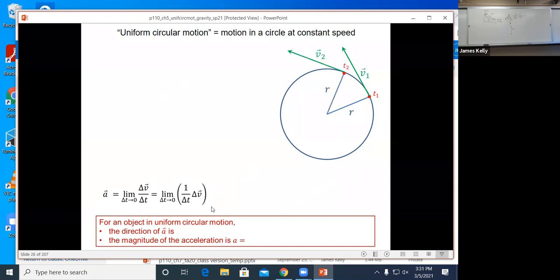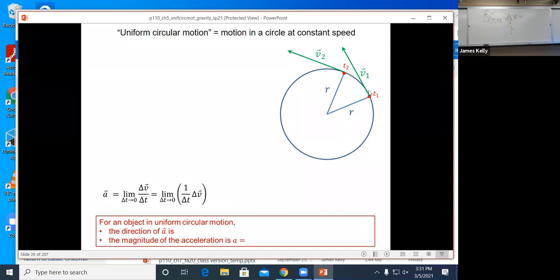So let's first talk about the direction of this acceleration vector. And to get that, I'm just going to ignore the 1 over delta t. It's just rescaling it. If I want to know the direction, I just want to know the direction of delta v for a very small time interval. The velocity vector doesn't have time to change very much, but so here's a not so small time interval.